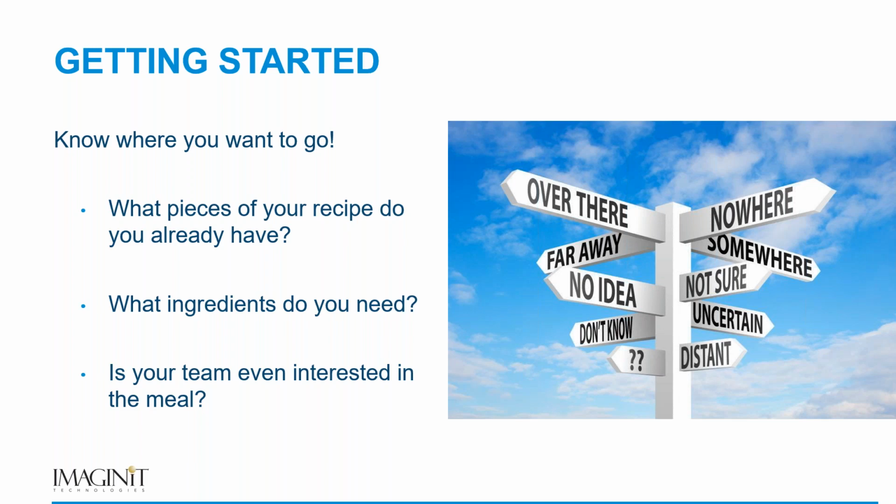If you know where you want to be, then you can identify what pieces of the recipe you already have in hand, and what ingredients you need to go out and get, whether you're going to go to the store and buy it or grow it internally in your own little home garden, however it needs to go.